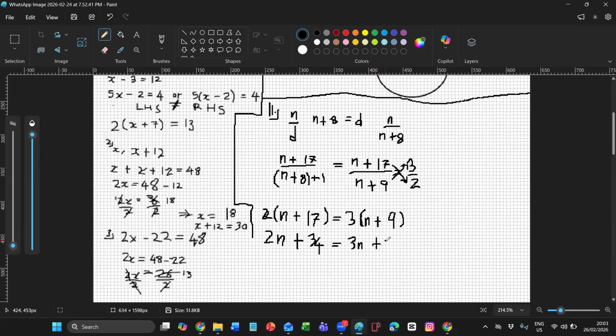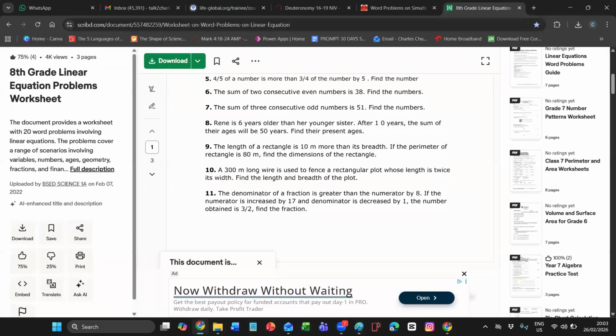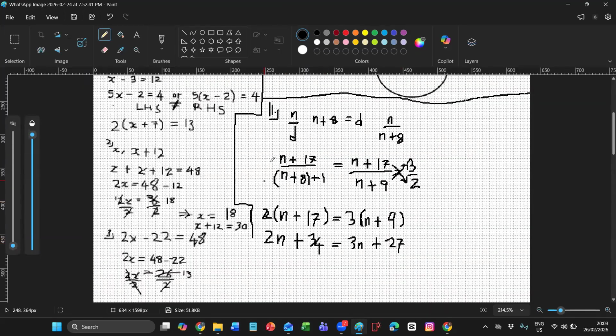Okay, so they said we should decrease the denominator by 1. Decrease? Was it decrease? Can you imagine? And I went and increased it by 1. Okay, so let's back up. Thank you for taking note of that.